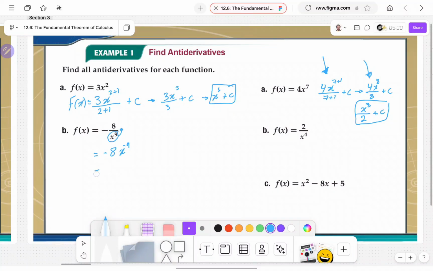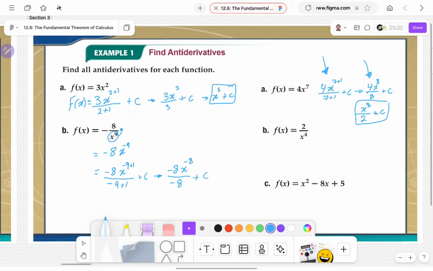Now let's find the antiderivative. It is equal to negative 8 x to the power of negative 9 plus 1 over negative 9 plus 1 plus c. Now let's simplify. So it will be negative 8 x to the power of negative 8 over negative 8 plus c.